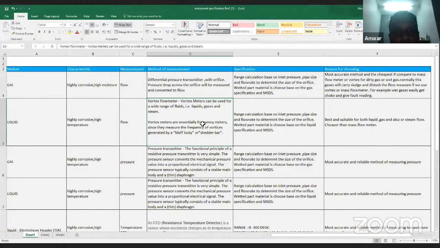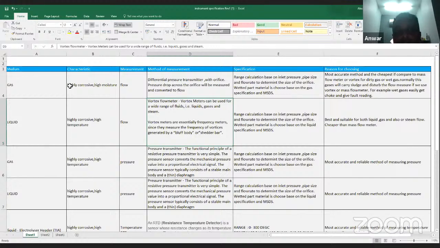It depends, actually. It is not common. As I mentioned, these two streams, basically, you have highly nasty fluid. They are quite stubborn. So we choose this type of flow meter so that it gives us reliability of measurement, and it is suitable for that liquid.